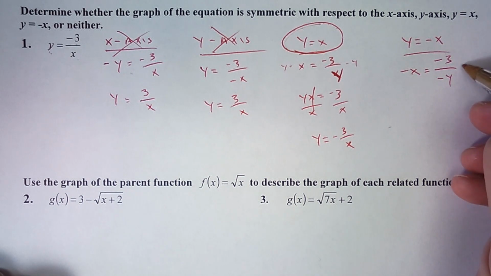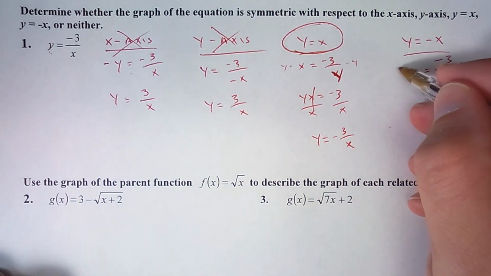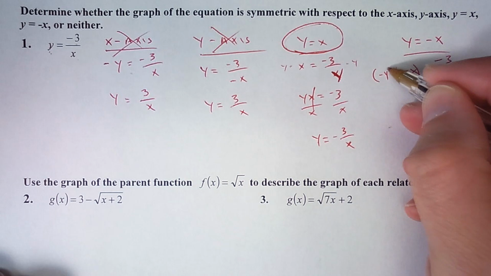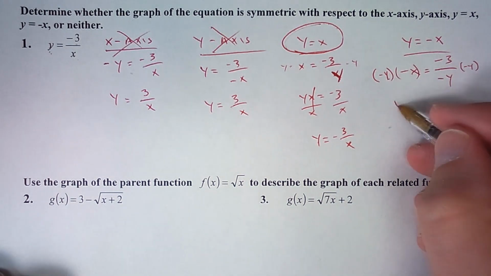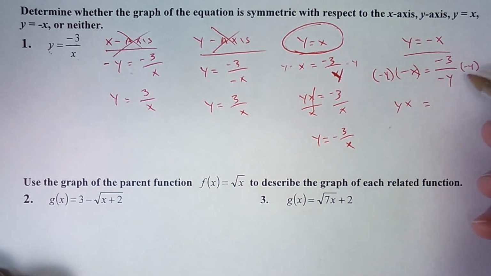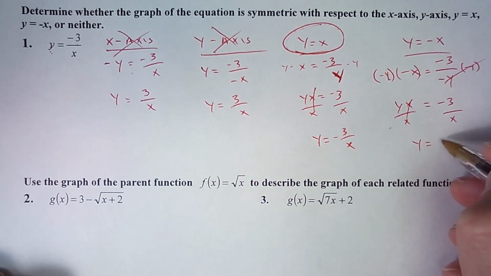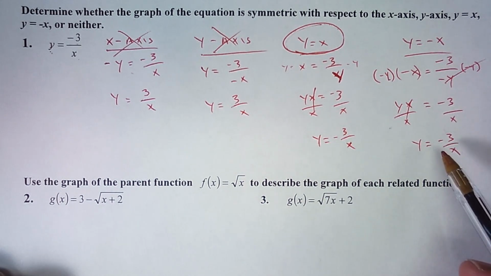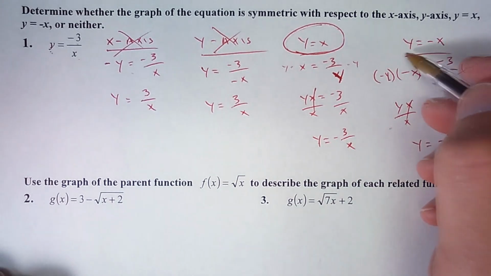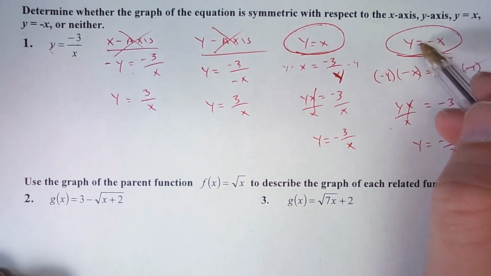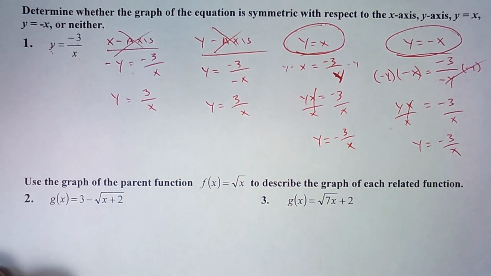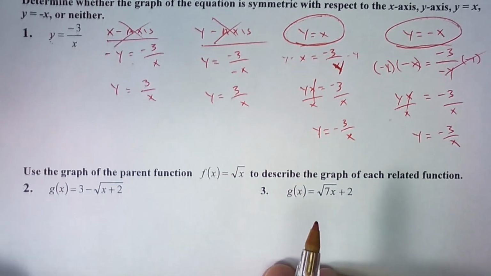So if I multiply both sides by negative y, negative times negative is positive, so it's yx equals, and then these cancel, negative 3, and then I can divide both sides by x, and I get y equals negative 3 over x, and the left and right side both match the original. So I will say yes, it does have symmetry with respect to y equals negative x.